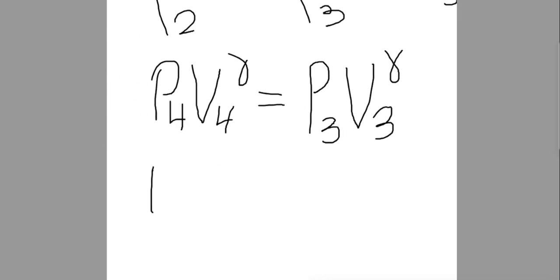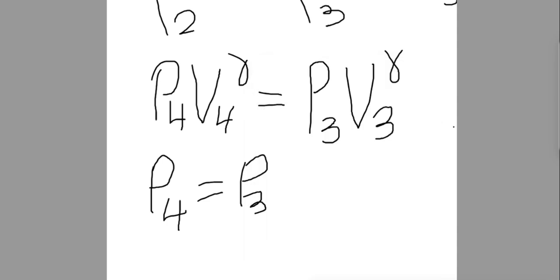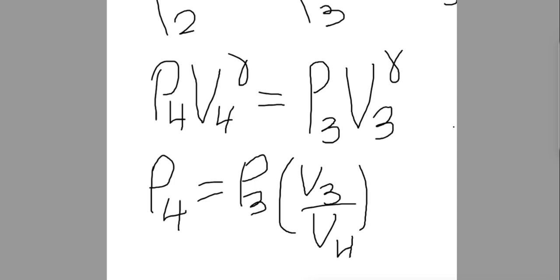So now if we make our P4 the subject of the formula, we are going to have P4 is equal to P3 into brackets V3 over V4, all raised to power gamma.